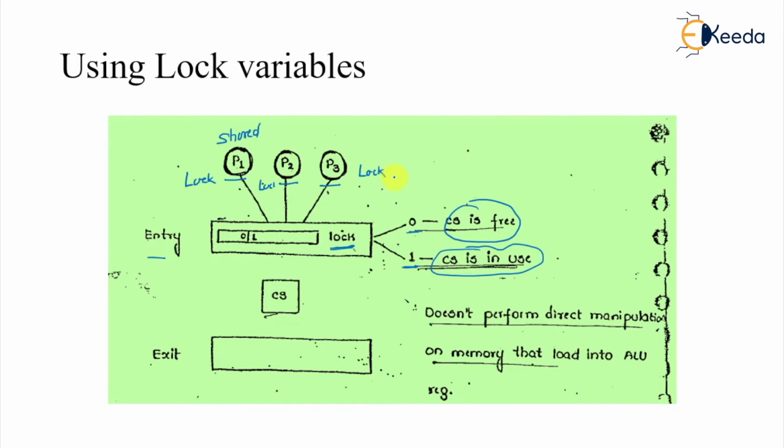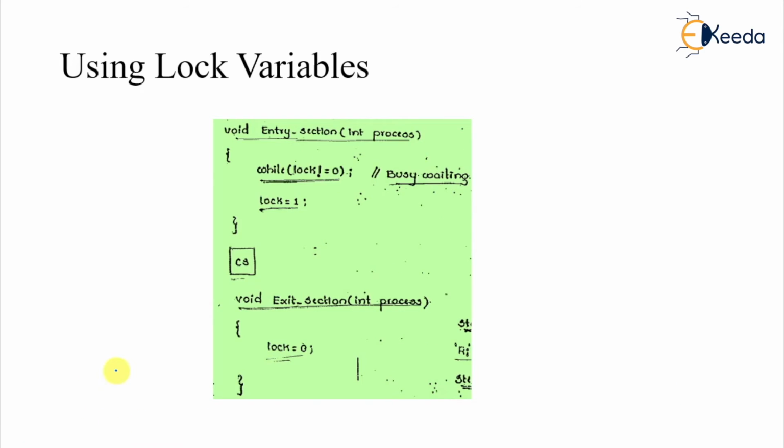So I will write: while lock is not equal to 0. Sorry, I was wrong earlier. While lock is not equal to 0, we have to do the busy waiting.